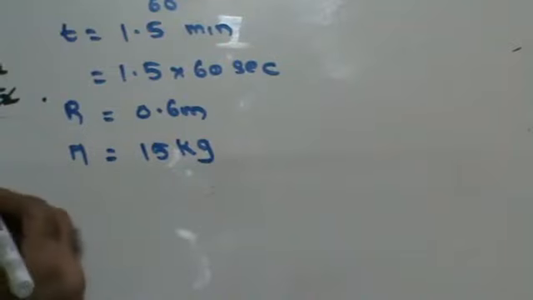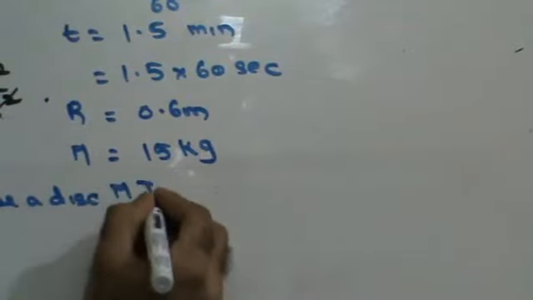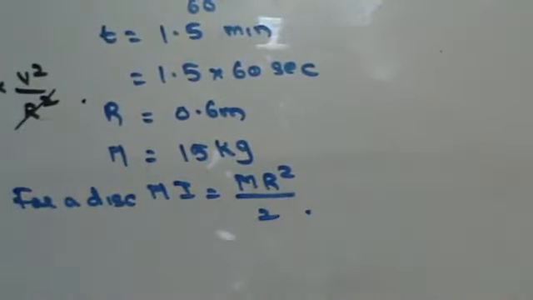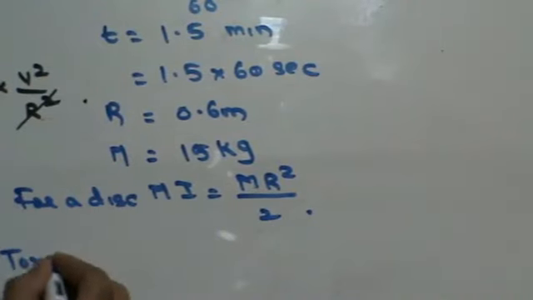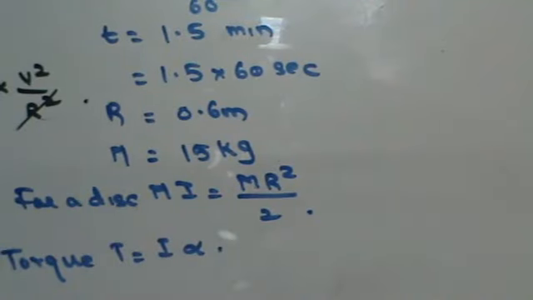Now, I can say for a disk, moment of inertia is nothing but mr square by 2, but they've asked me to find out torque. Torque is nothing but I alpha. Alpha is nothing but omega 2 minus omega 1 upon t. Angular acceleration is change in angular velocity upon time.